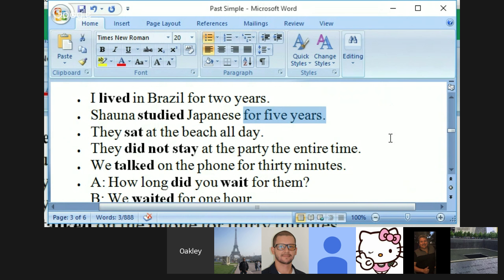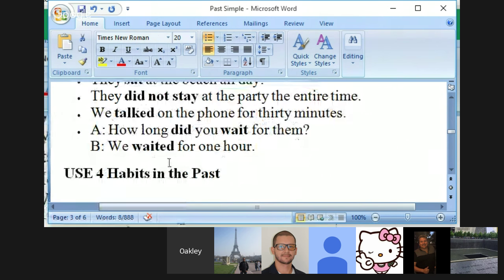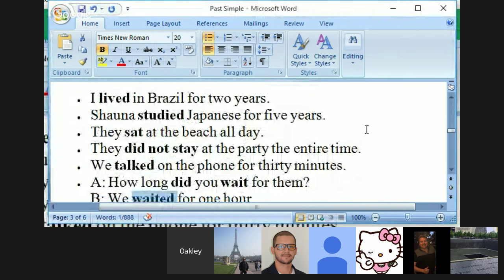Secondly, sometimes you have a choice, past simple or past continuous. By choosing to use a continuous tense, you're emphasizing the verb, the action. Very common to use, for example, the verb wait with the ing form or continuous form because you're emphasizing the action and the duration.